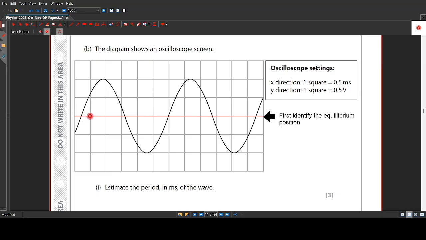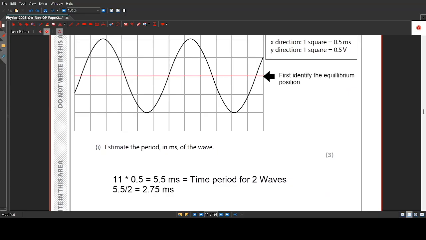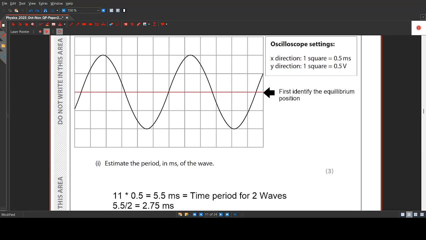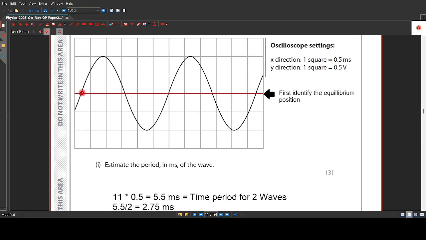So what I actually did is that I determined the time period for two complete waves. That means I considered this wave and this one again. Now, if I count the number of boxes in between, you see that there are two segments which are incompletely filled.